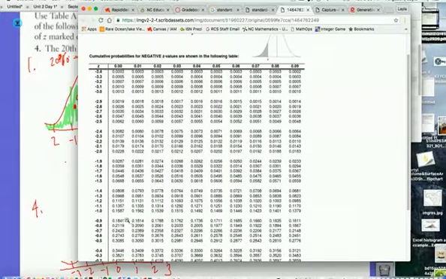I can see that in here I have 0.2119, and then I have 0.2090, still a little bit high, but here I have 0.2005, which is pretty close to 20%. So then I would look and see that that is at negative 0.84.